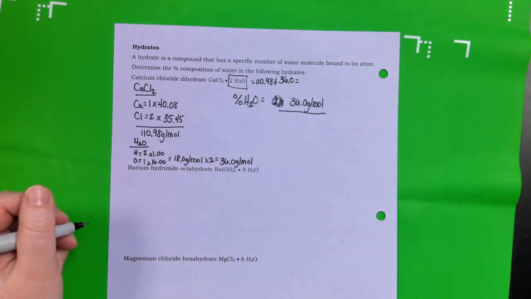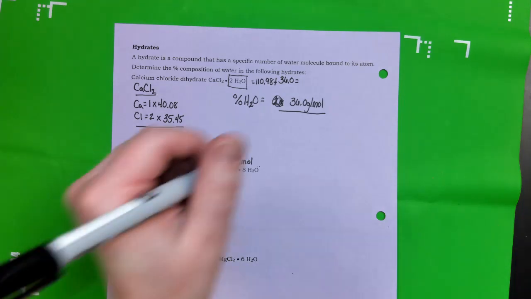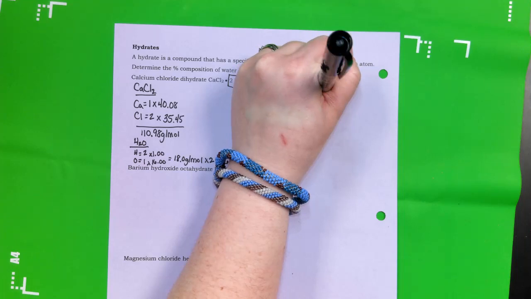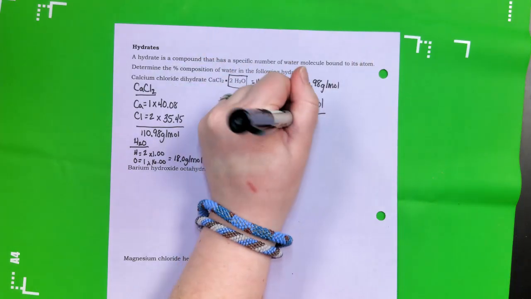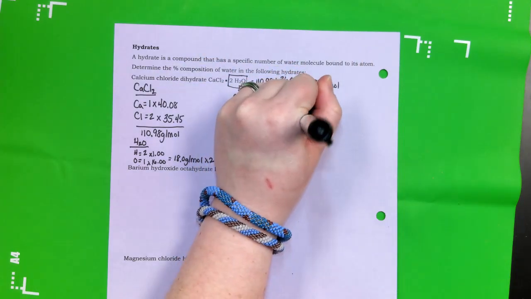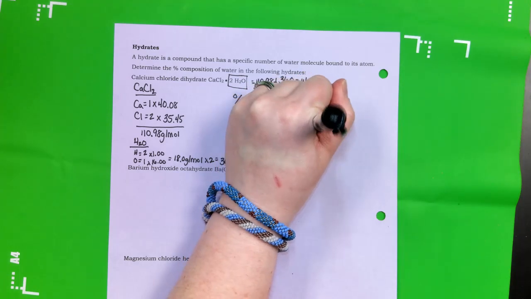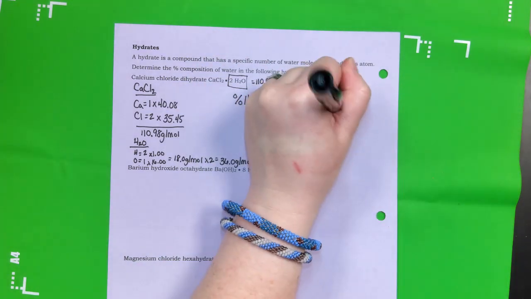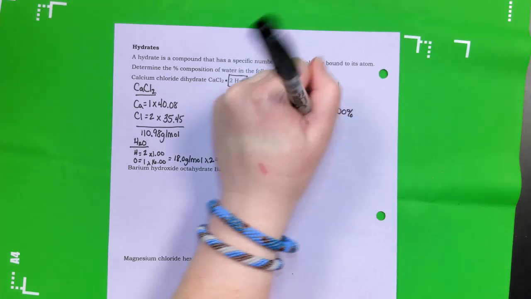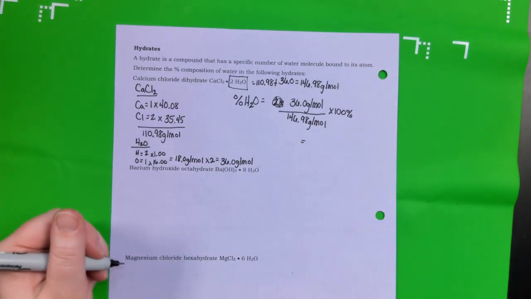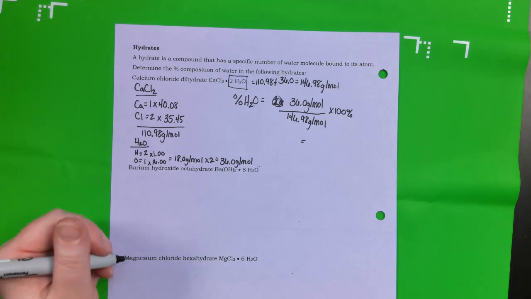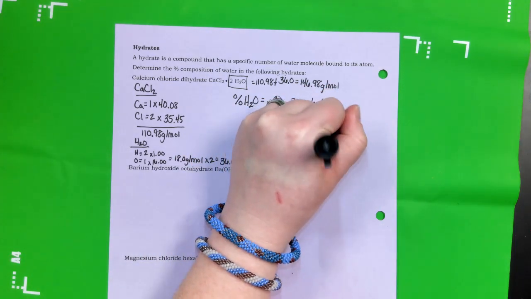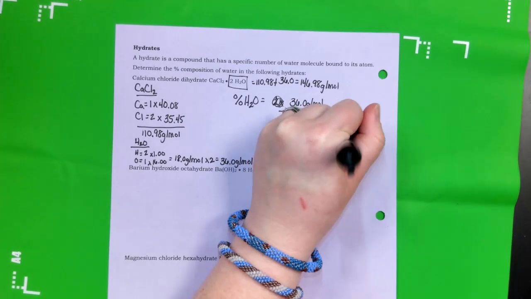So when I add those up, I get a total molar mass of 146.98. And to make it a percent, just like before, we times by 100. So when I do my division and then multiply it out, I get 24.49% H2O.